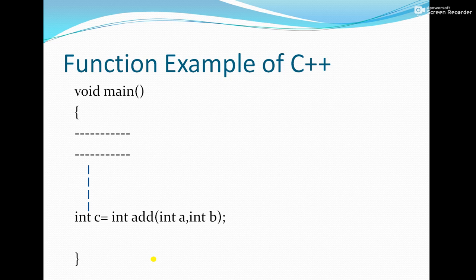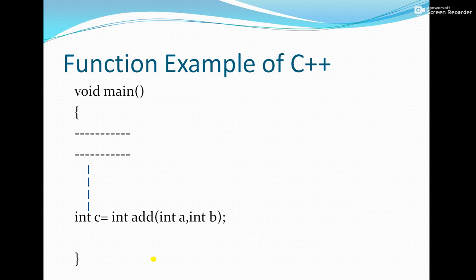Now, in C++, what is a function? A function is a set of statements which perform specific tasks, but it is not part of the main program. It is written separately, and that function is called in the main program, and the compiler compiles all the statements sequentially.